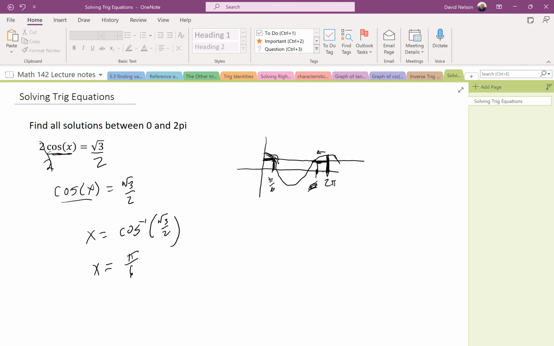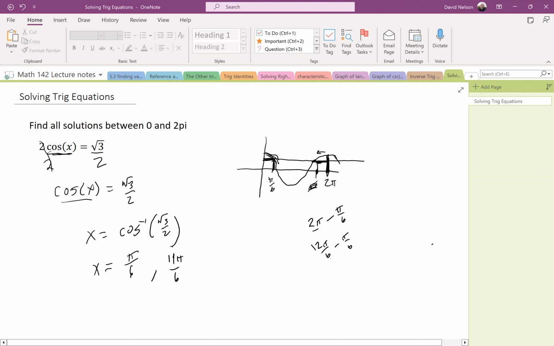So I want to come back pi over 6 from 2 pi. Well, 2 pi minus pi over 6 is the same as 12 pi over 6 minus pi over 6. And so that's going to give us 11 pi over 6 as the second solution.